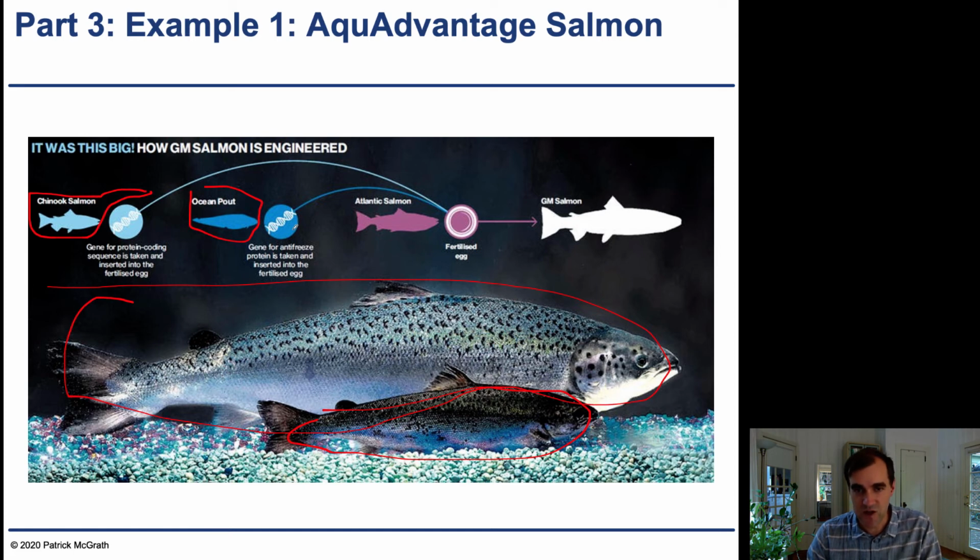It's an anti-freeze protein. When you combine those genes and add them to the Atlantic salmon, you're taking DNA from a completely different species. It's still able to work and do the same sort of thing in the Atlantic salmon. And so these GMO salmon grow much bigger and are actually much more resistant.